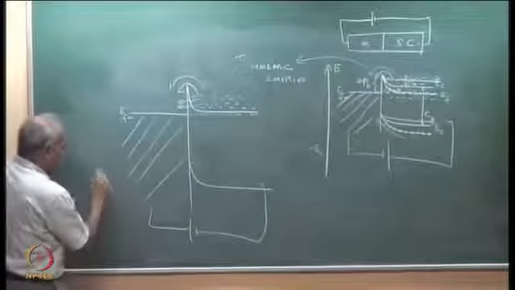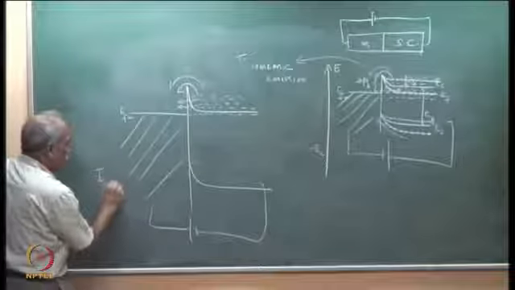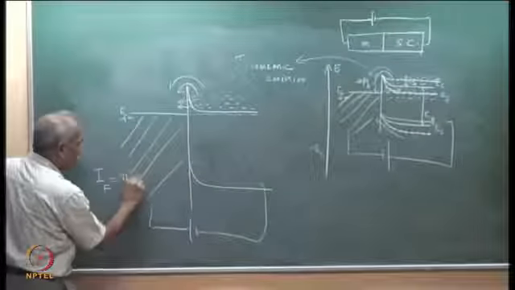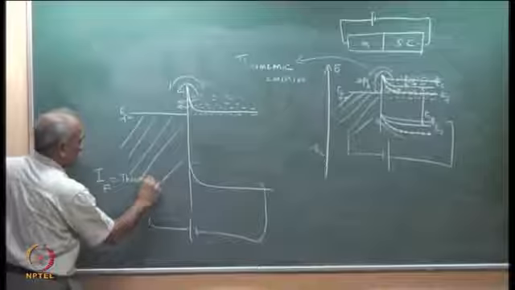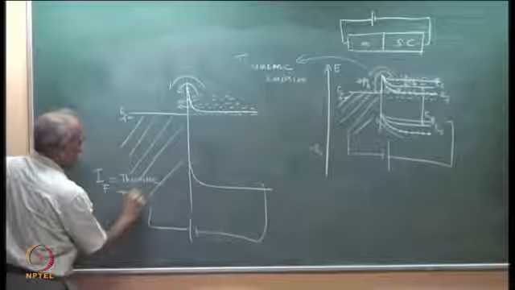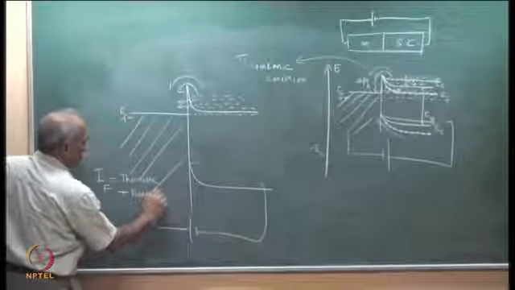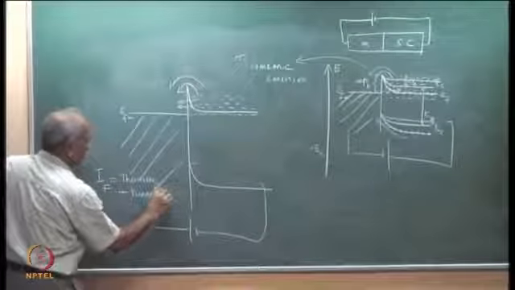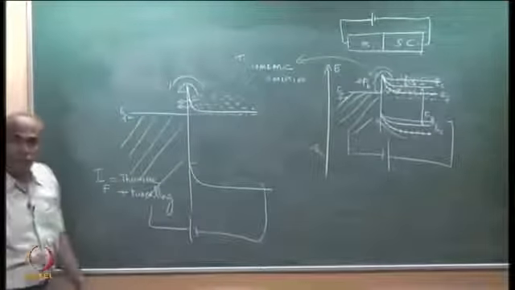So the forward current IF will comprise thermionic emission plus tunneling.